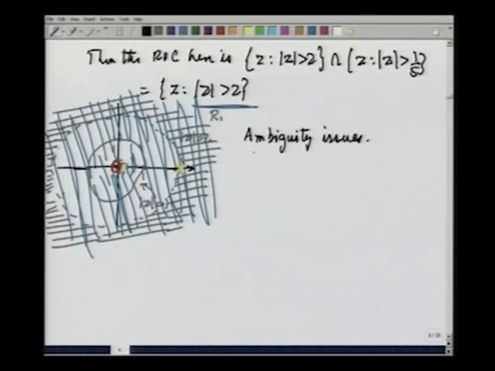Consider x n equal to a to the power n u minus n minus 1. Fine. This is now a non-causal sequence, non-causal exponential sequence.